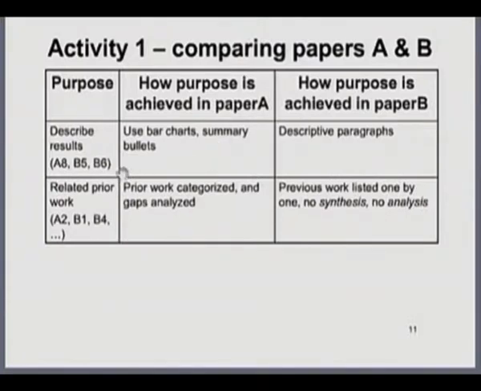One more thing you will notice in paper B is the absence: it is not clear ever in paper B what exactly the authors are trying to do. I would like to encourage you to go back and notice that this characteristic is missing, and perhaps that's why most of you found paper B to be much harder to read.